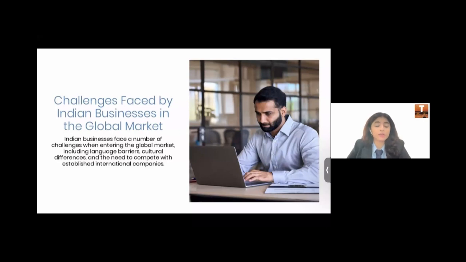Then skill development. Ensuring a skilled workforce capable of meeting international quality standards is very vital. Indian businesses have to invest in training and skill development programs to enhance the capabilities of their workforce.